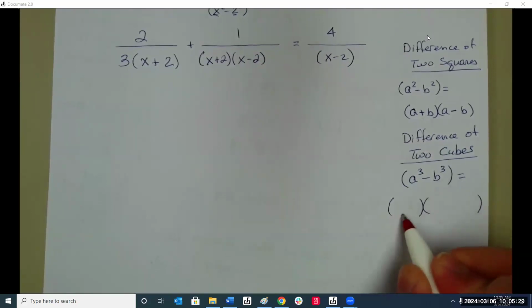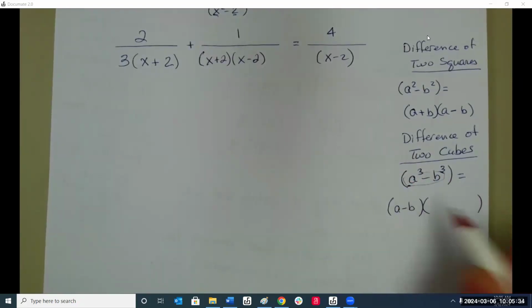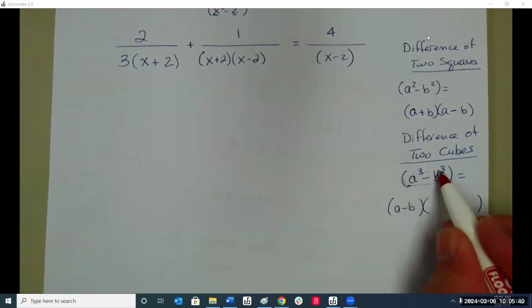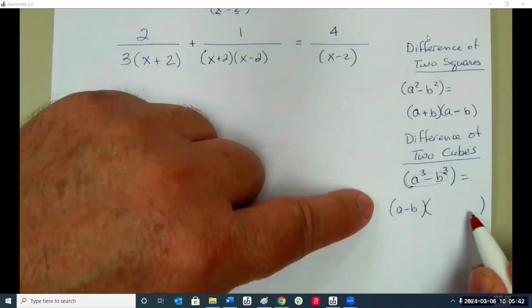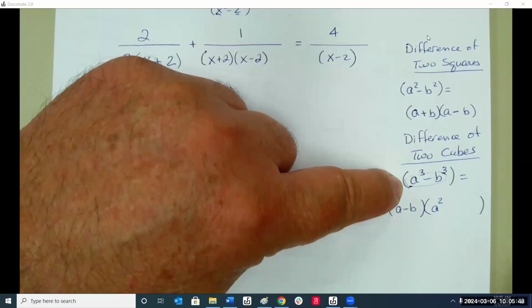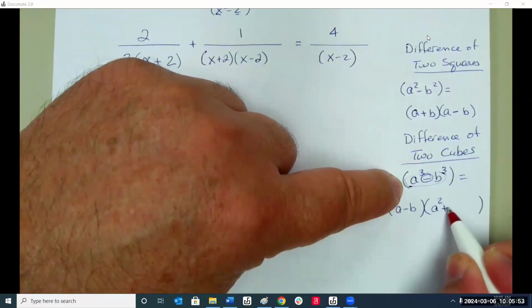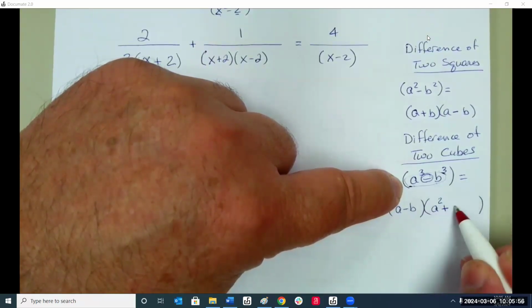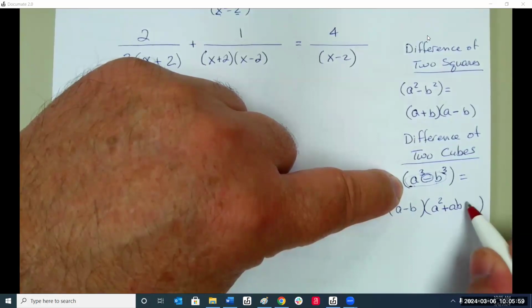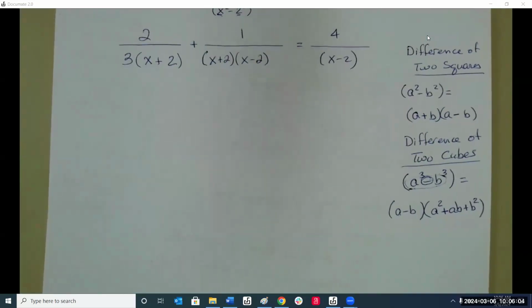So in the first parenthesis, it's whatever's under the cubes in here, so it's a minus b. Well, a is the first term, b is the second term. Now, in this longer one, we have the first one squared, the opposite sign of that, and then a times b in the middle, and then plus the last number squared. That's the difference of 2 cubes.